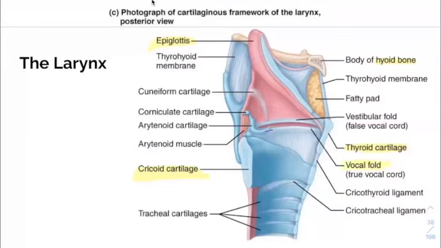You can see that really well here. This one is the true vocal folds. The one above it is the false vocal folds, or vestibular fold, and vocal fold. And you see those tracheal cartilages as you go down.